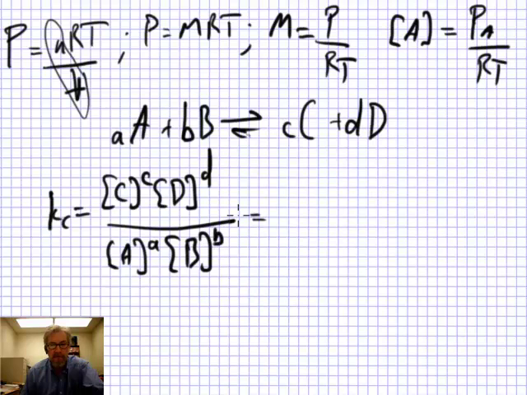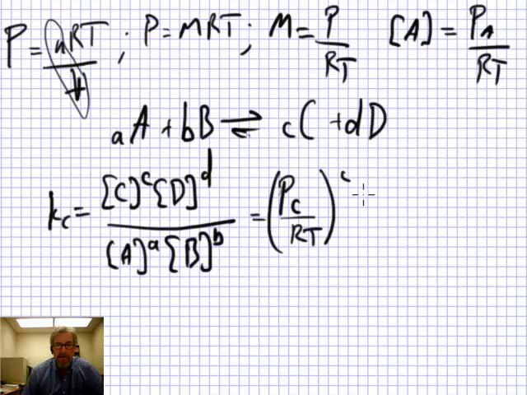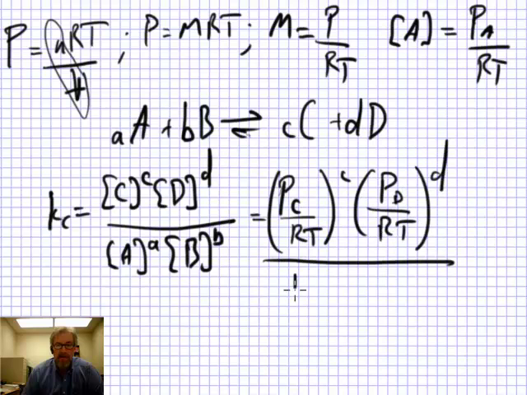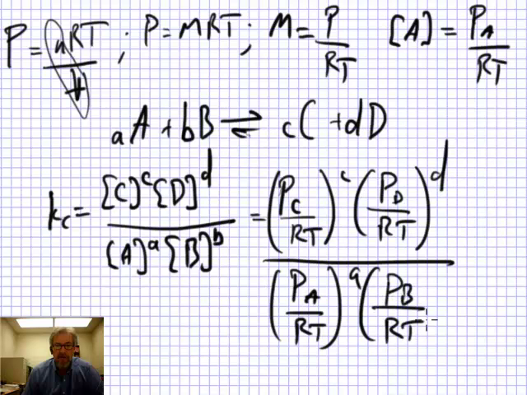way. Partial pressure of C over RT raised to the c times partial pressure of D over RT raised to the d over partial pressure of A over RT raised to the a times partial pressure of B over RT raised to the b. Each one of these terms here has got the reciprocal of RT in it, so we could pull that out, factor that out of this.